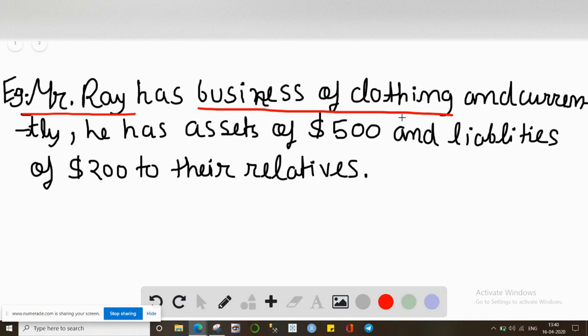By dealing in such business, Mr. Ray has accumulated assets of $500.